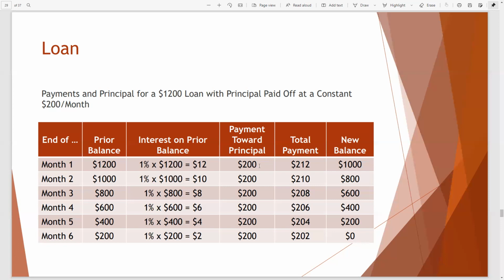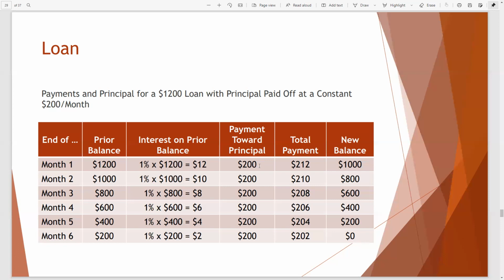In total you pay $210, of which $10 is interest and $200 is principal. Your balance then goes from $1,000 to $800 at the end. It only deducts the part of the payment toward principal.